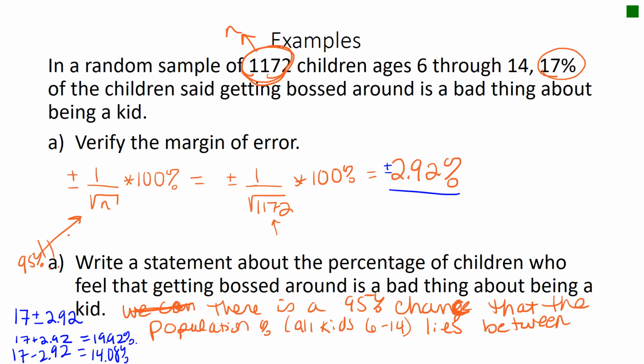So from the sample, they reported 17%, but based on the sample size, we can be 95% confident that the population of all kids who believe being bossed around is a bad thing lies between 14.08% and 19.92%. This number 17 is halfway in between those two values. We can't be 100% sure that it's 17%, but we can be 95% sure that it will actually lie between those two percentages.